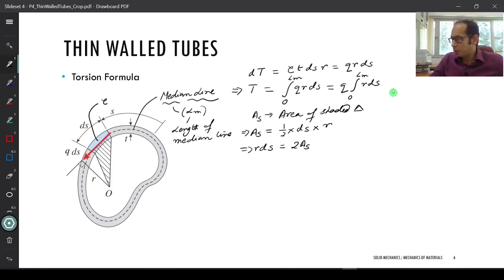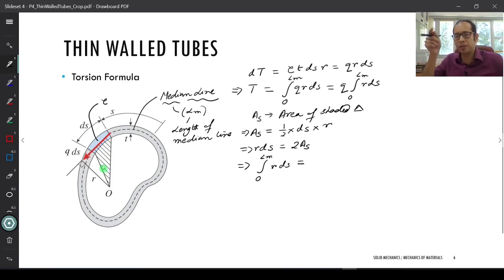Now try to comprehend this. What is the integral from 0 to lm of r ds? For this small ds, this r ds is nothing but 2 times the area of the shaded triangle.